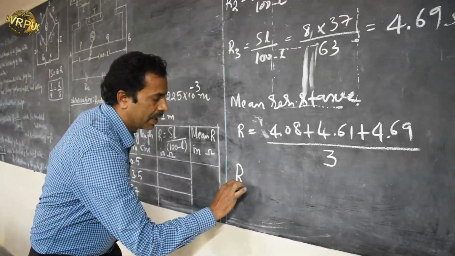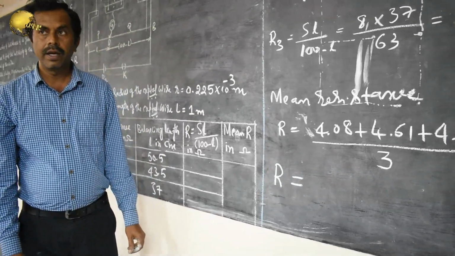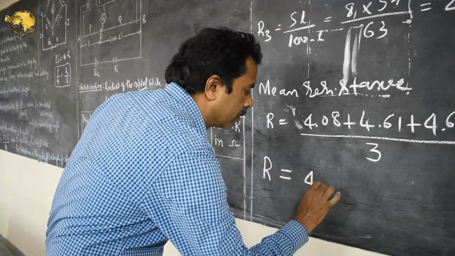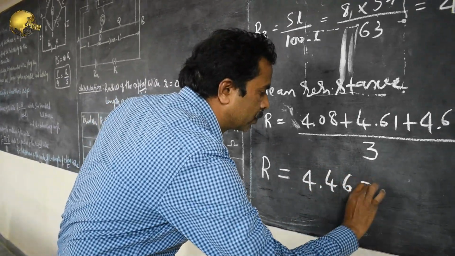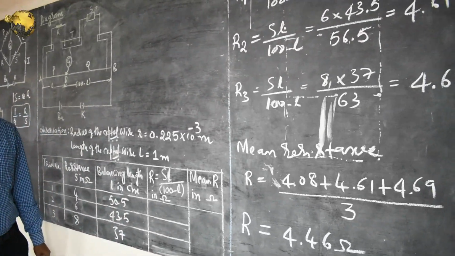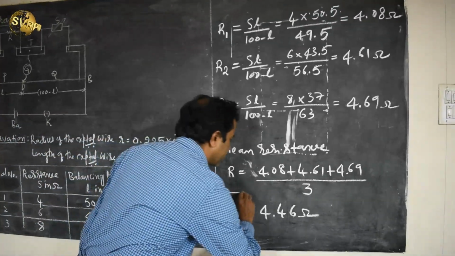The value of resistance of the experimental wire is 4.46 ohm. So this is the required value of the resistance of the experimental wire.